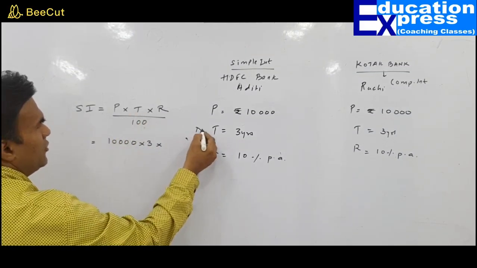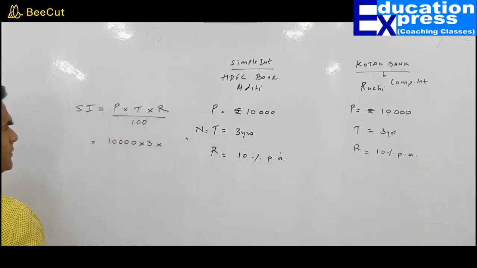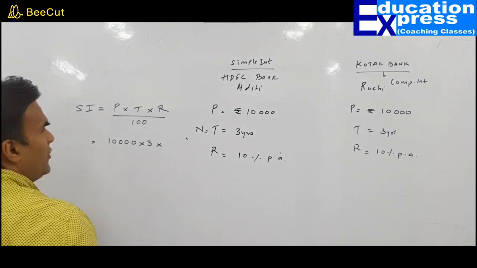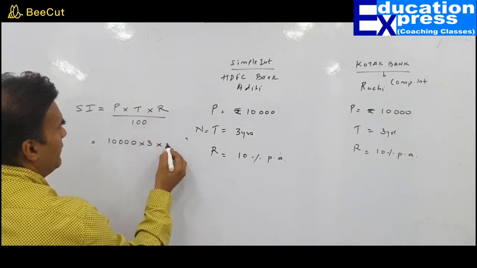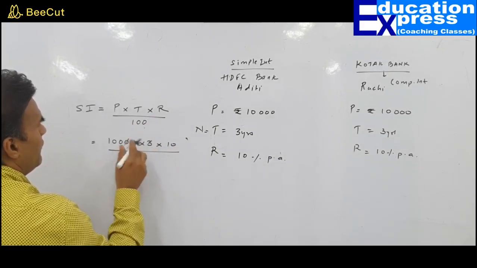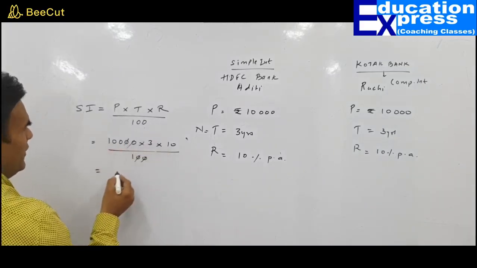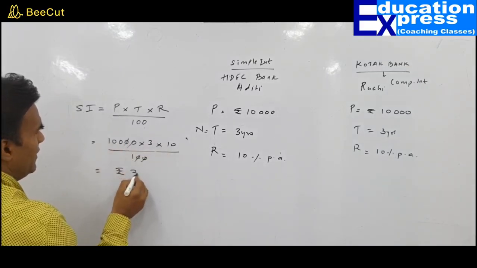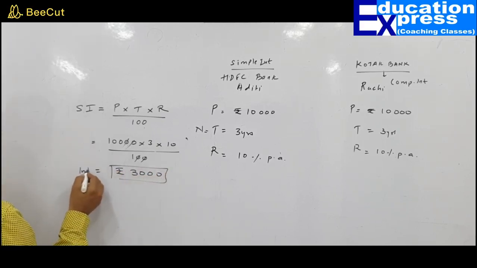Many people use the notation N also, P into N into R upon 100. Whether you take N or you take T, whatever notation is fine within the framework. R, that is 10%, upon 100. 3 remains as it is. So the total amount of interest that Aditi will receive will be rupees 3,000. This is the interest amount. You can also call it simple interest.